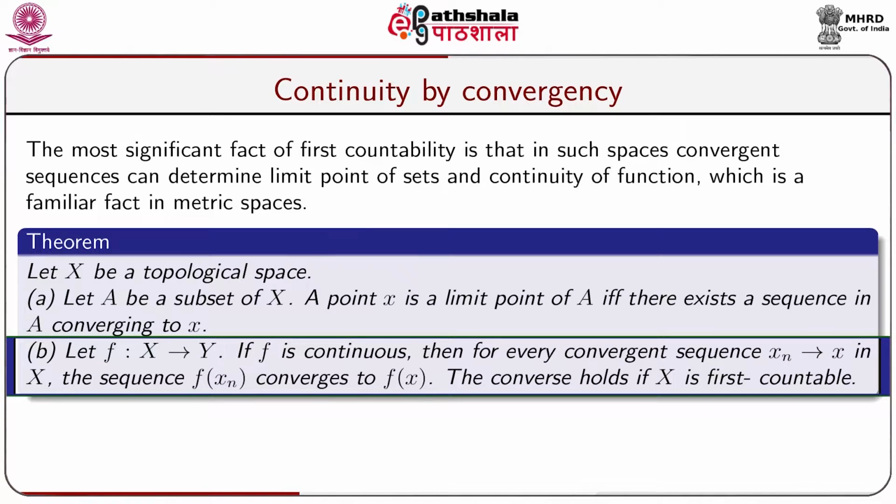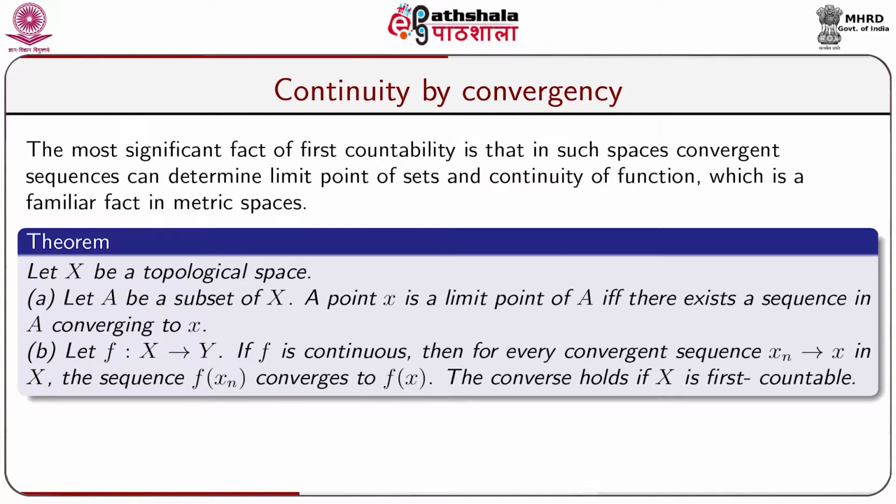Also let f from X to Y be a function. If f is continuous, then for every convergent sequence xn converging to x in X, the sequence f(xn) converges to f(x). The converse holds if X is first countable.